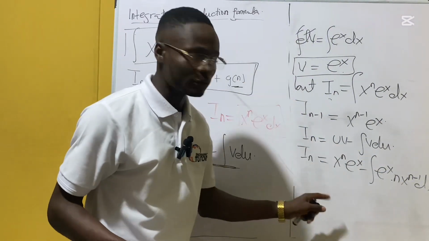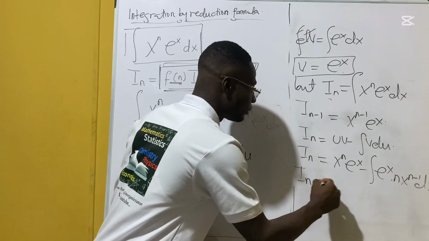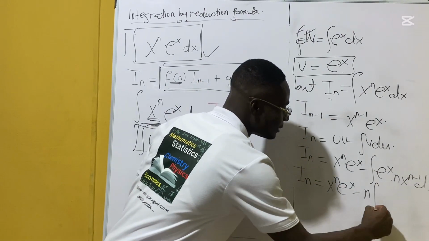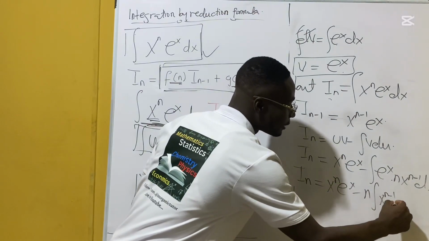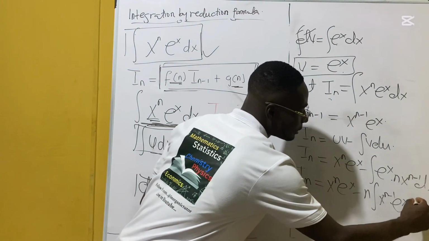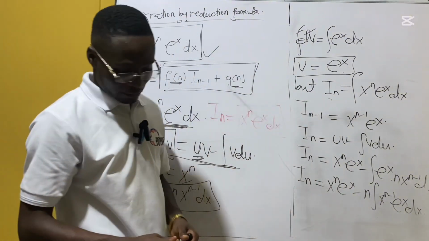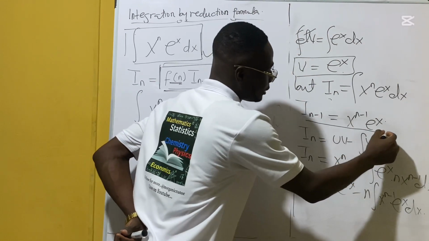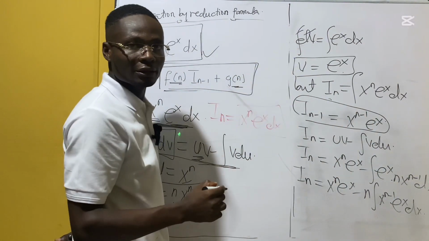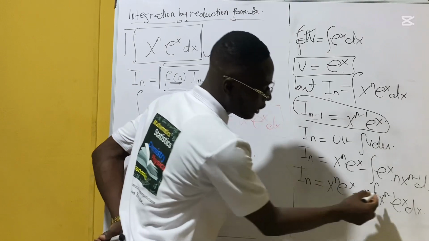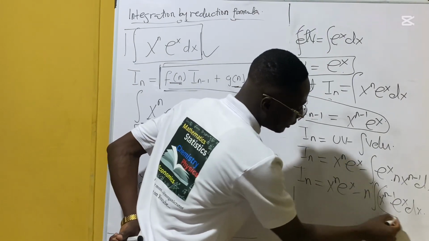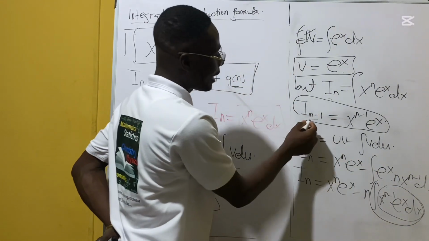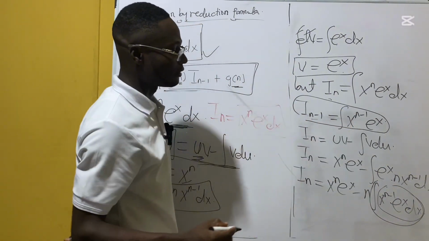Let's factor the n out. When we do that, we have x^n e^x minus n times the integral of x^(n-1) e^x dx. Here, we know that our I_(n-1) is this, so we do this substitution because we know that this whole thing is I_(n-1). Of course, there is an integral here.